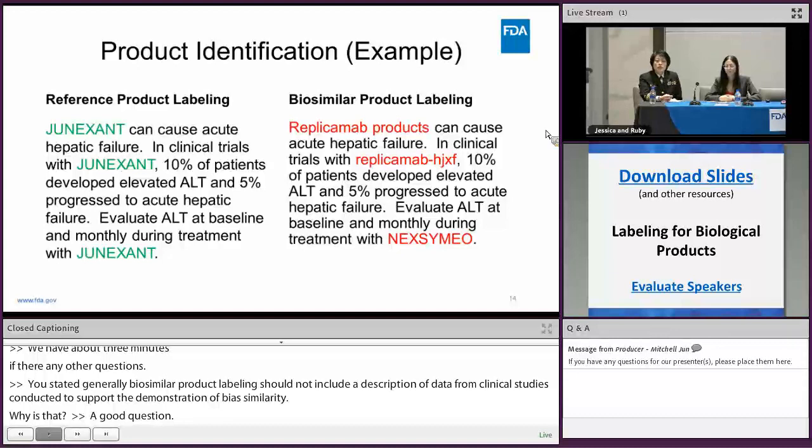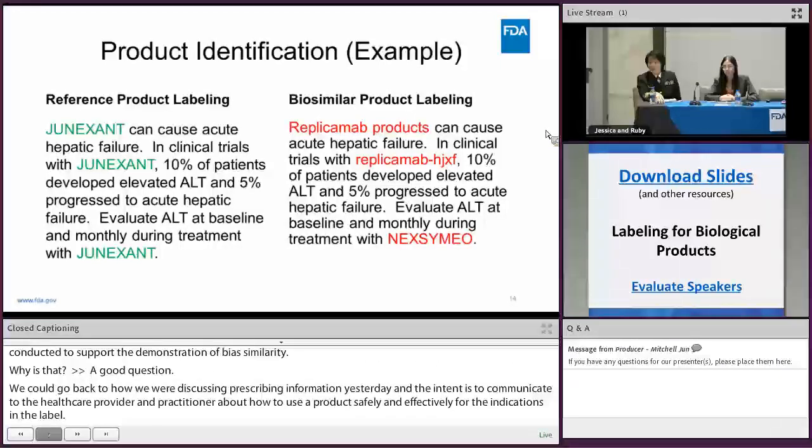If you take a look at the biosimilar development program, the clinical studies conducted for the demonstration of biosimilarity are not designed to independently evaluate the safety and efficacy of the drug product. You're looking at perhaps a different patient population, different endpoint.